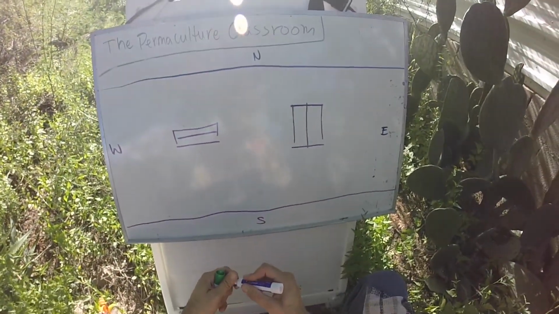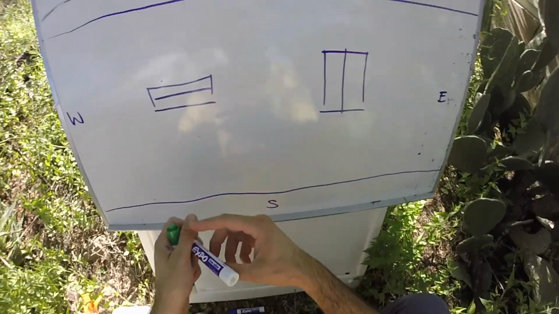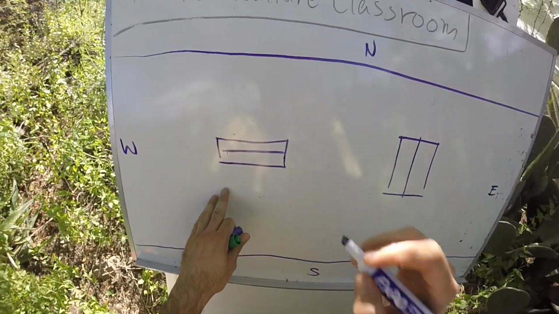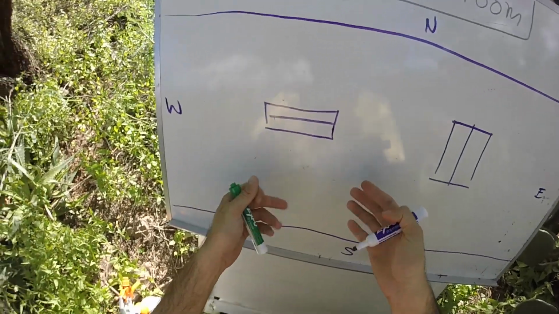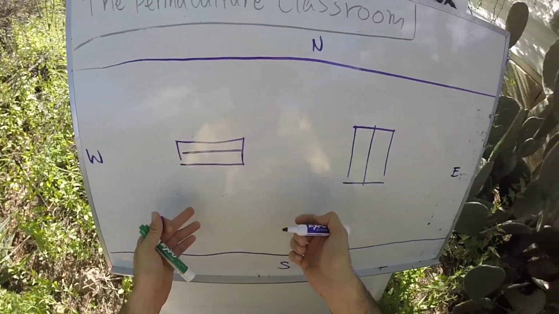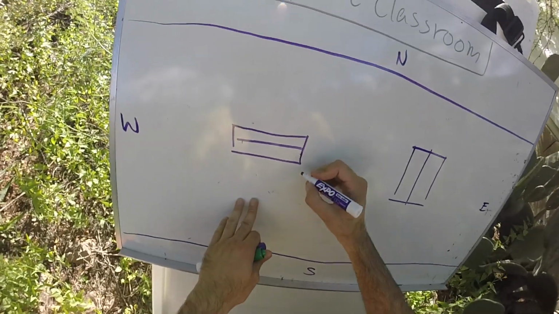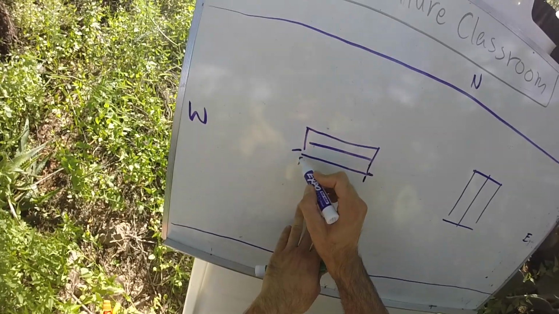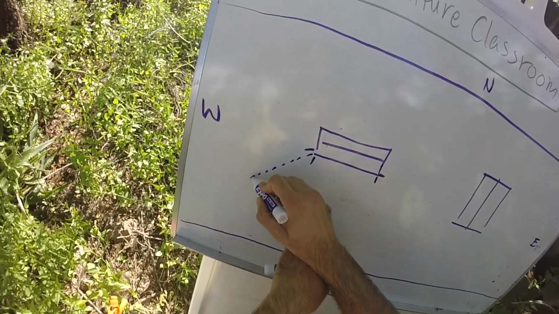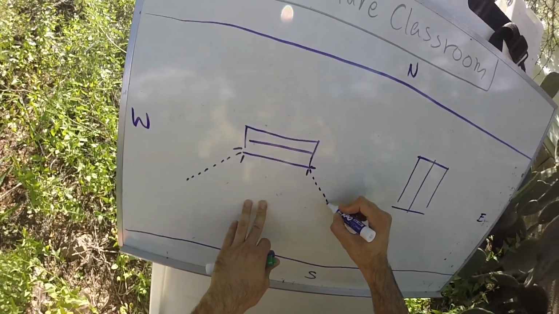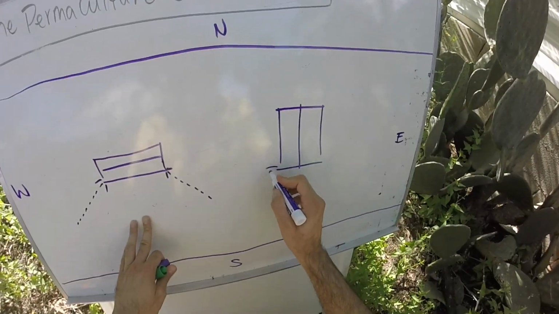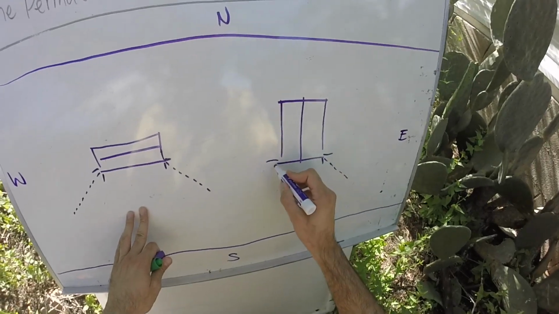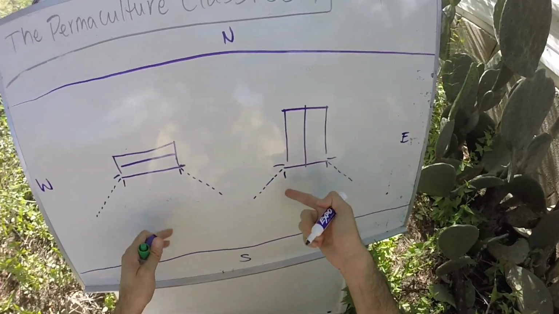So let's talk about the differences between these two different orientations. Right here on the left, we have an east-west orientation, and that is the best for passively heating or cooling a structure. So what I'm going to do now is draw the winter solstice. The way you do that is you put a 90-degree angle on the southernmost tips of the structure that you're going to be designing for, and then you draw a 45-degree line to the edge of the property.